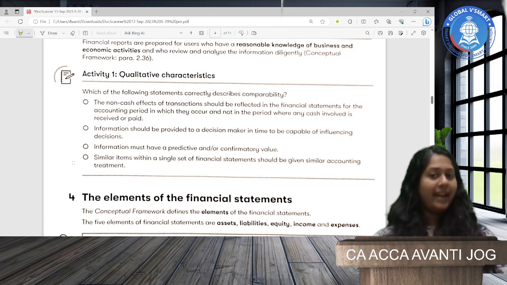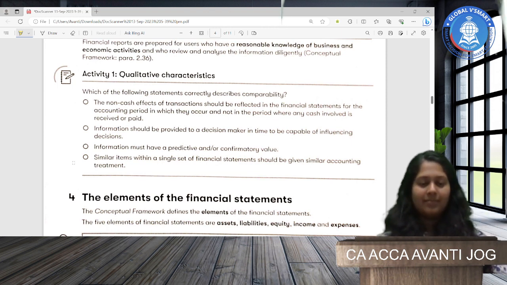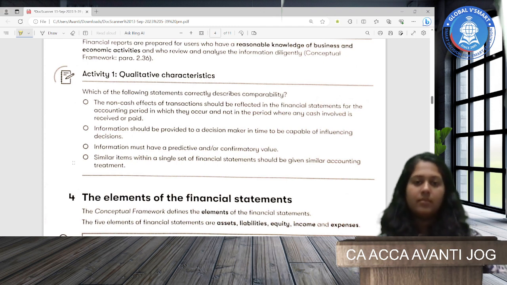Let's discuss activity one. Which of these following statements describe comparability? Have a read. Okay.